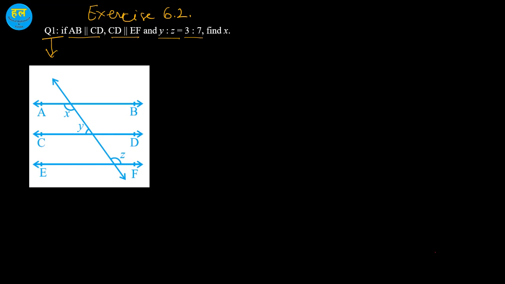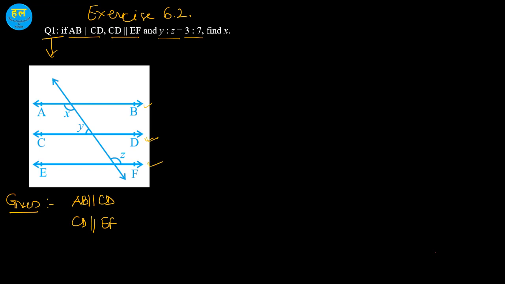So while attempting these kinds of questions, we already know that we have to first write the given things which are given in the question, so that we get a clear view. First thing that is given is AB is parallel to CD, and CD is parallel to EF.